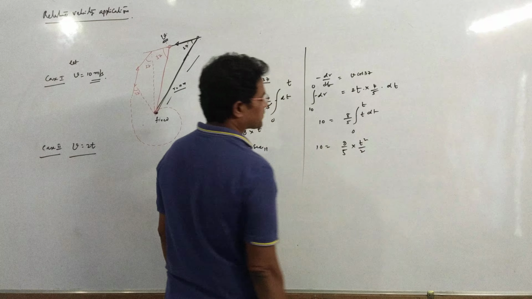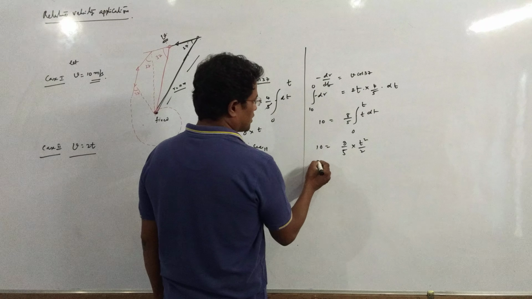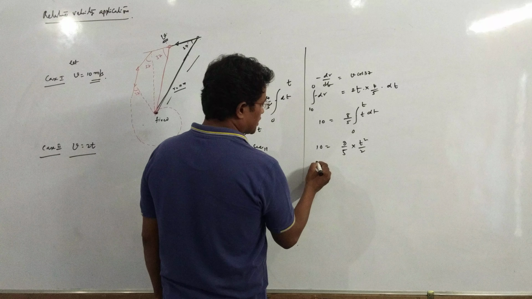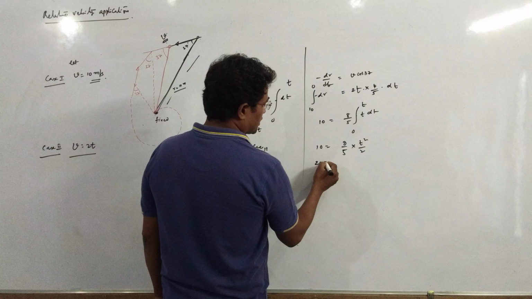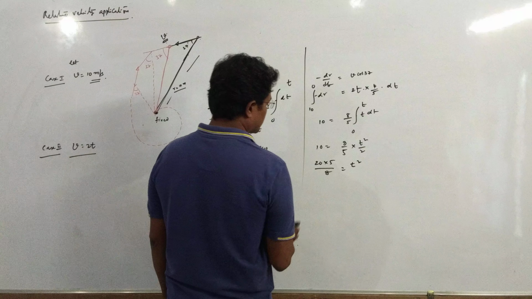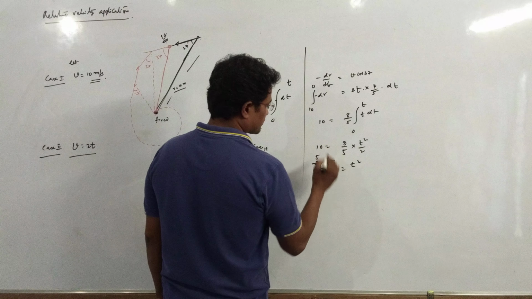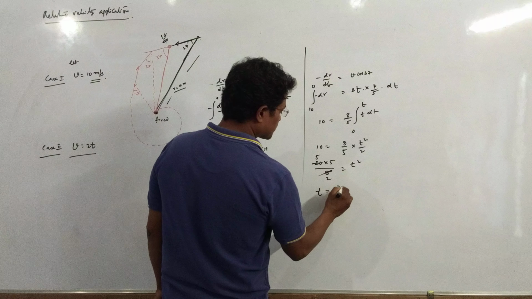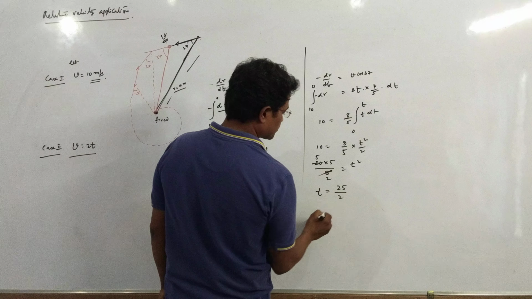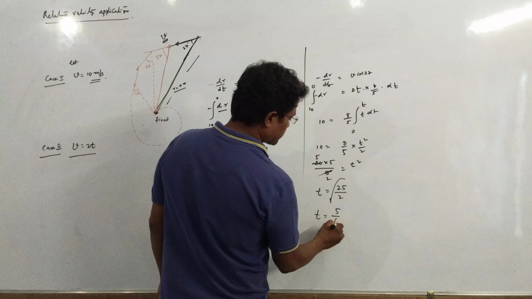By integrating, this is 20 into 5 by 8 equals t square. This t value becomes the root of 25 by 2, so t is 5 by root 2 seconds.